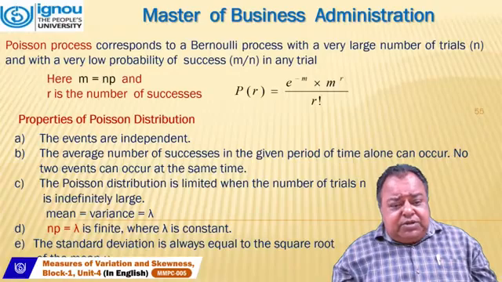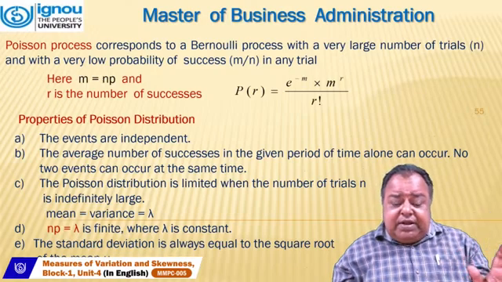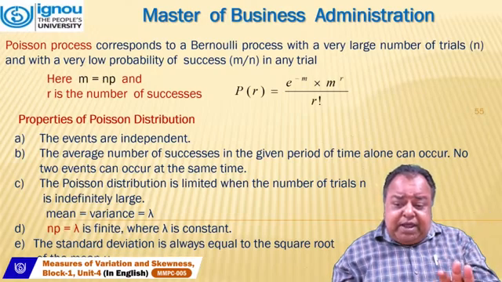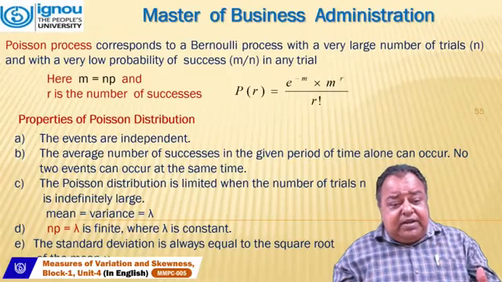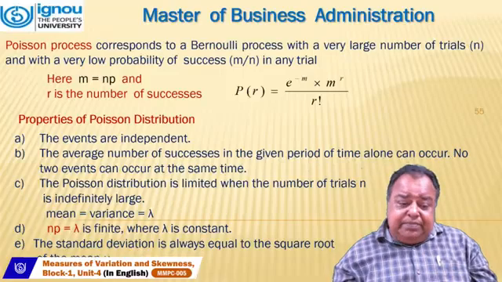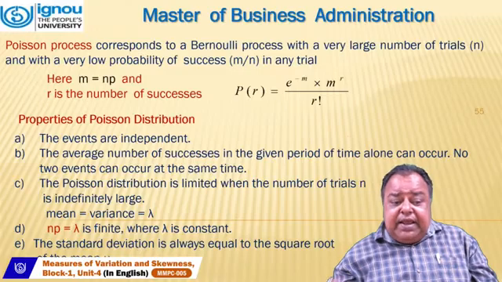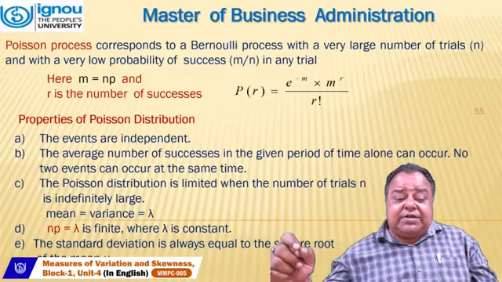What are the properties of Poisson distribution? The events are independent. The average number of successes in a given period of time is constant. Only one event can occur at a time; no two events can occur at the same time. The Poisson distribution is a limiting case when the number of trials n is indefinitely large.